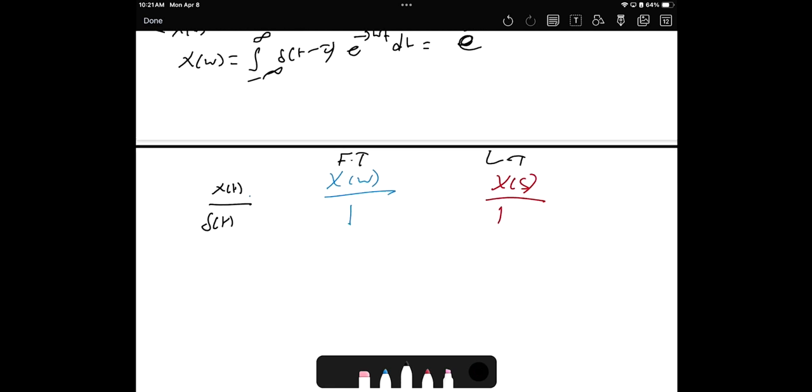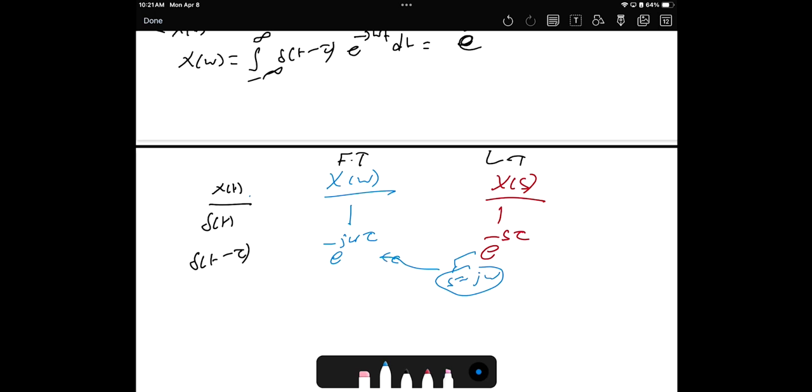Then, when we have delta of t minus tau, in the Fourier transform we found e to the power negative j omega tau. However, in the Laplace transform, it was e to the power negative s tau. So basically, you can substitute s equal to j omega, then we will get this.